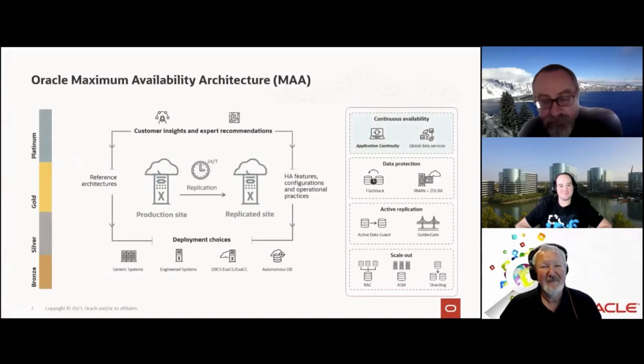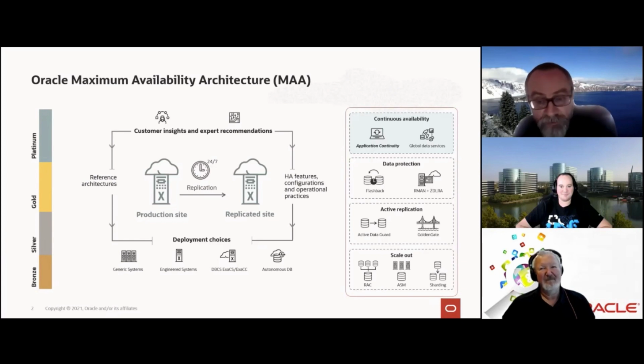Let's position this correctly first. Most DBAs at least will be aware of the maximum availability architecture. If we look up in the top right, you see application continuity highlighted for continuous availability. Continuous availability of your application or the workload processing is the key here.